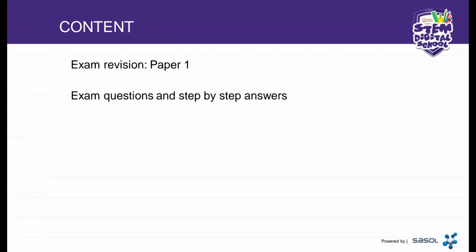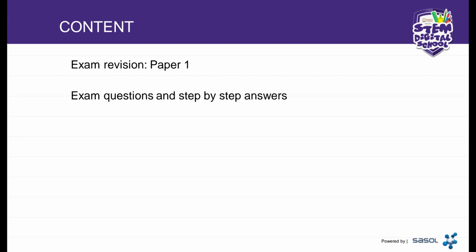Basically, what you need to know as a grade 12 learner is to identify, when you read a question, what it is about. The questions are not going to be written as, for example, this is a Doppler effect question, or this is work, energy and power. Just from reading a question, you need to be able to identify what topic it is based on and which equations go with it, because in the exams you're just going to have questions.